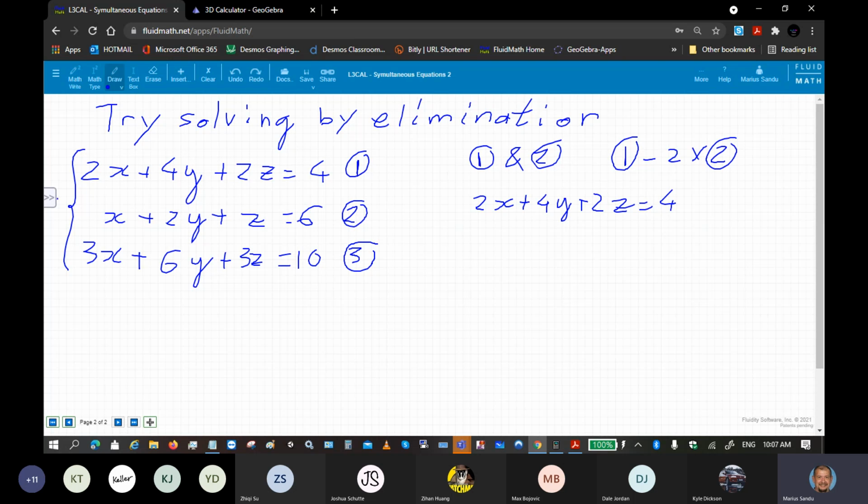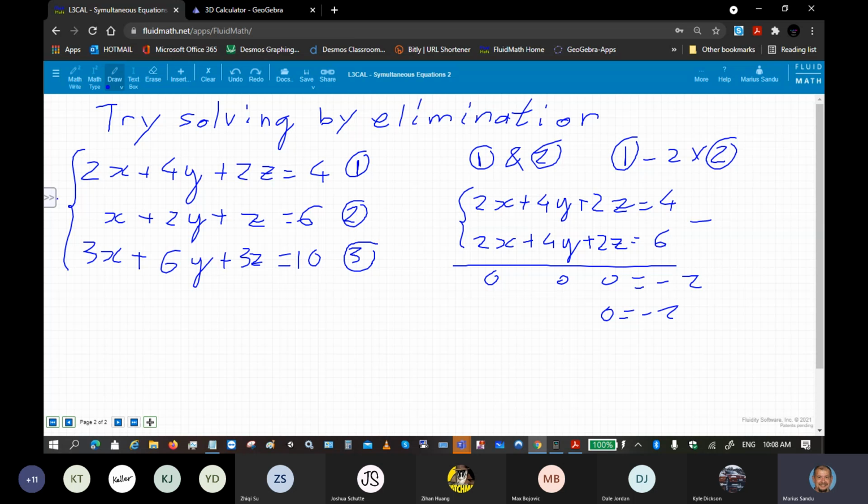And the second one times 2 is 2x plus 4y plus 2z is equal to 6. And now if I subtract them, I'll get 0, 0, 0 is equal to 4 minus 6, negative 2. So 0 equals negative 2. That means 1 and 2 don't intersect.